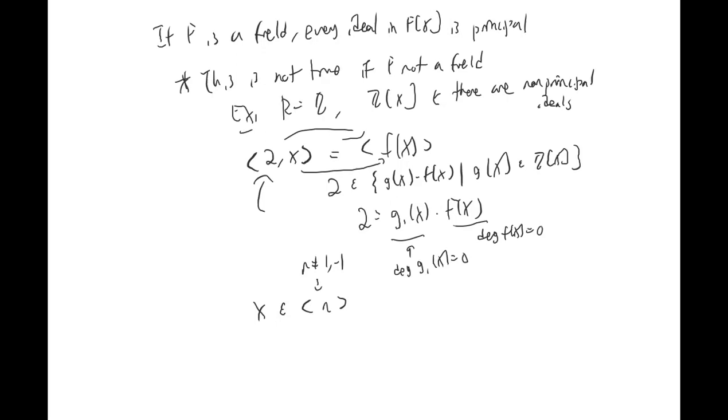So then you're almost done. I must find a g2 such that x is equal to g2(x) times n. By a degree argument, g2 must be linear, degree 1, so this is like ax plus b, times n.